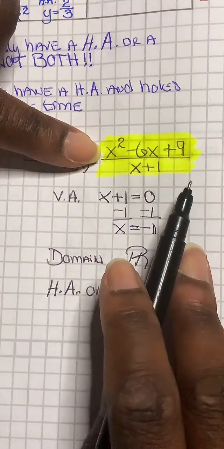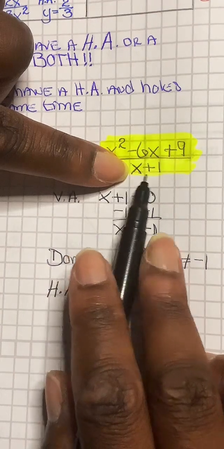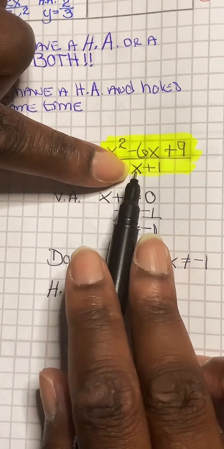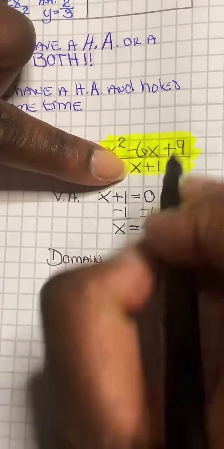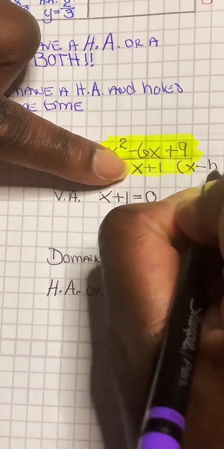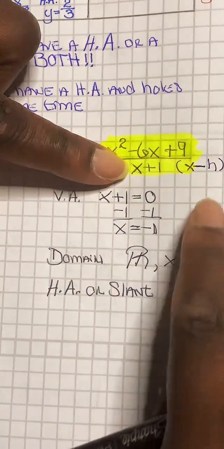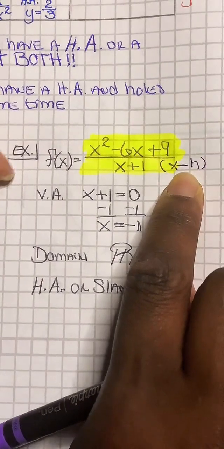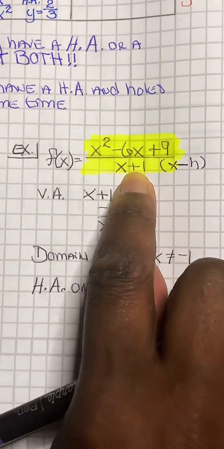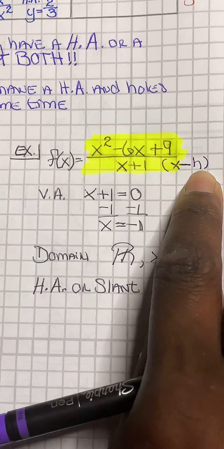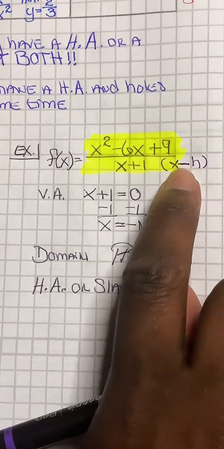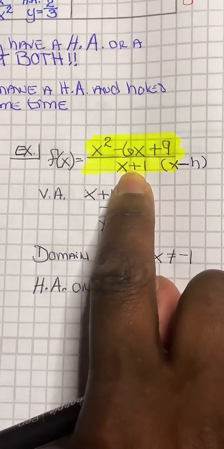So if I want to do division, I'm going to take the opposite of what I see from my divisor. So I have x plus 1. The reason why the original formula has it as x minus h, if I'm not mistaken. So if the original is a minus and we got a plus, that means that h value was originally a negative number, because a negative times a negative gives us a positive.